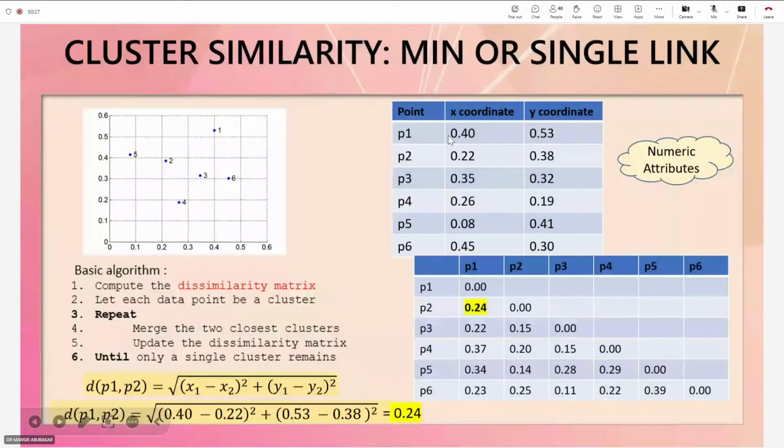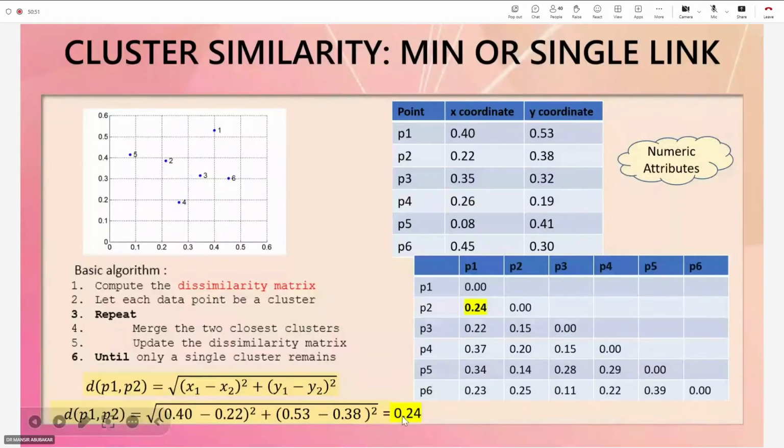You have X and Y. The formula is X1 minus X2 squared plus Y1 minus Y2 squared. Our X1 for P1 is 0.4, our X2 for P2 is 0.22. For Y, we have 0.53 and 0.38. All of them squared, then we take the square root, and we have 0.24.